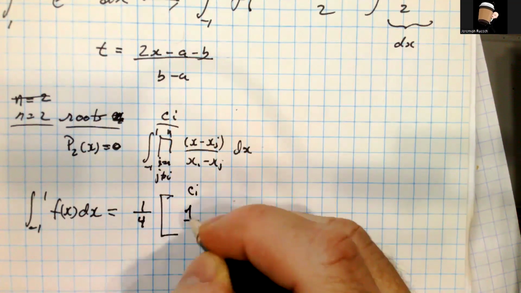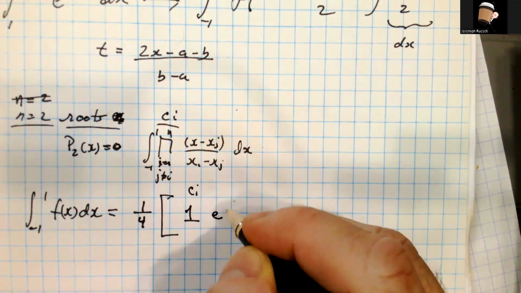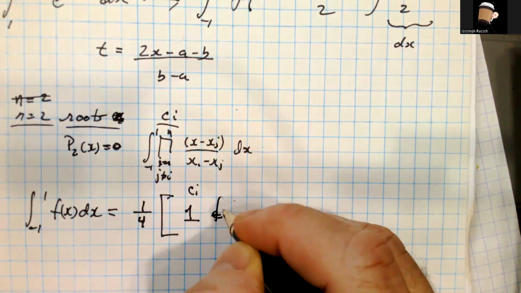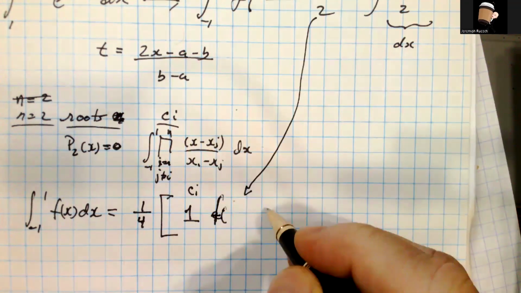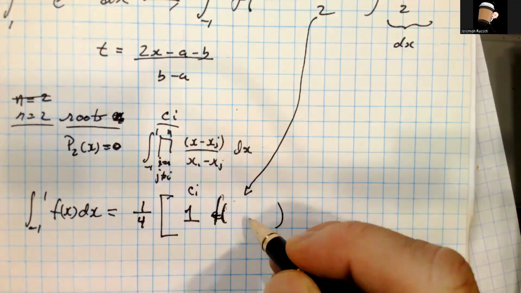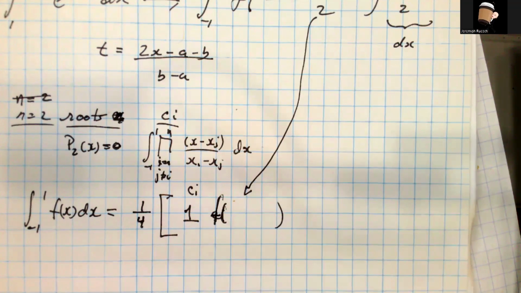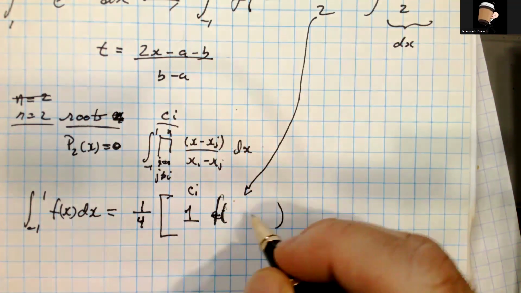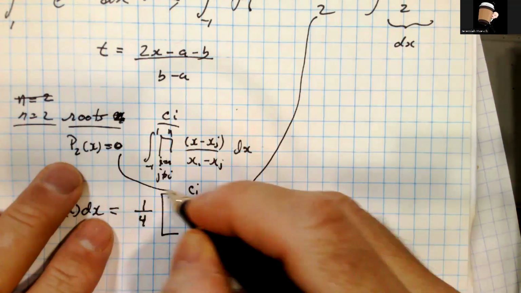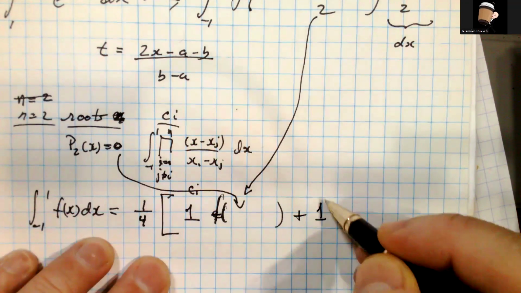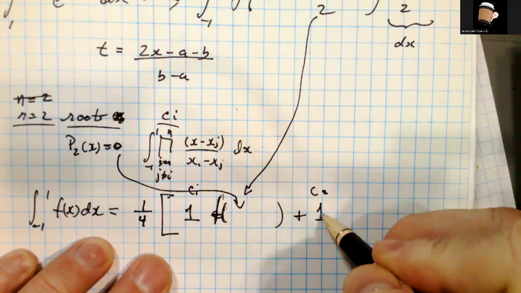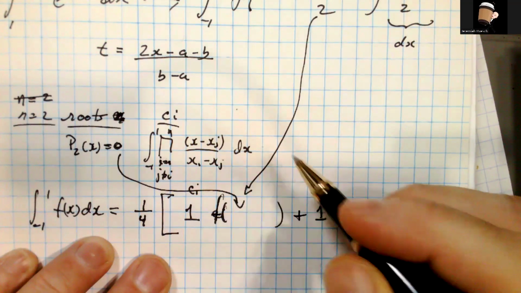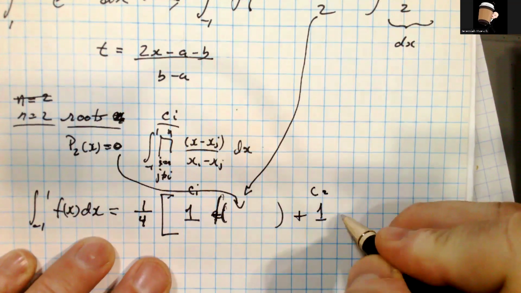So this is C1, and then the corresponding f of all of this, evaluated at the value of the root. So this value is going to go in there, plus, and then this is going to be my C2, which is also going to be 1. That comes from here, and we'll show that in the derivation in just a second.